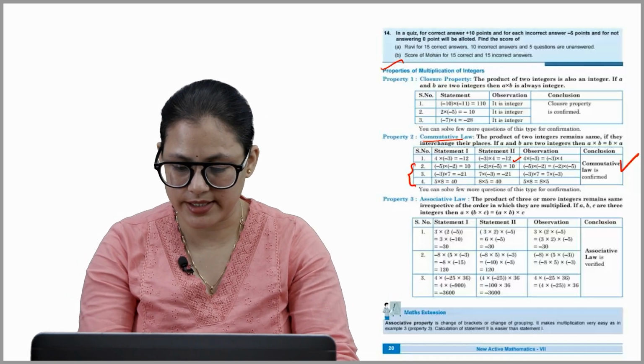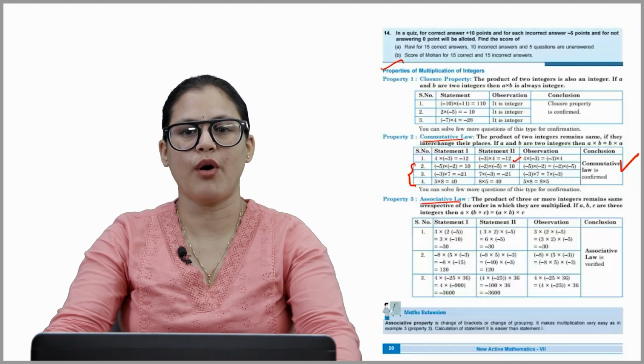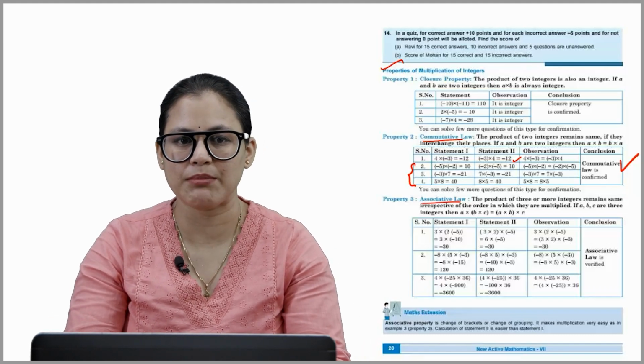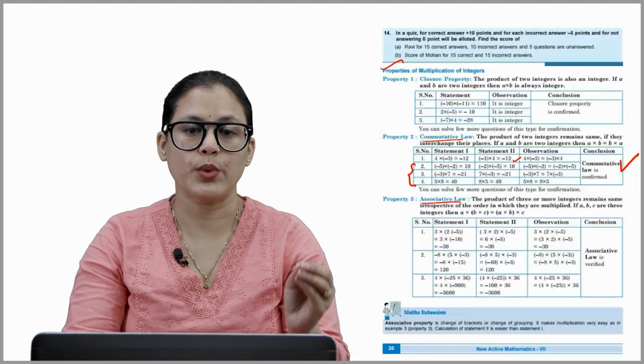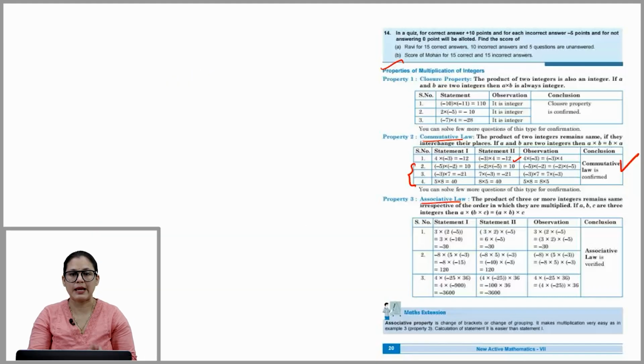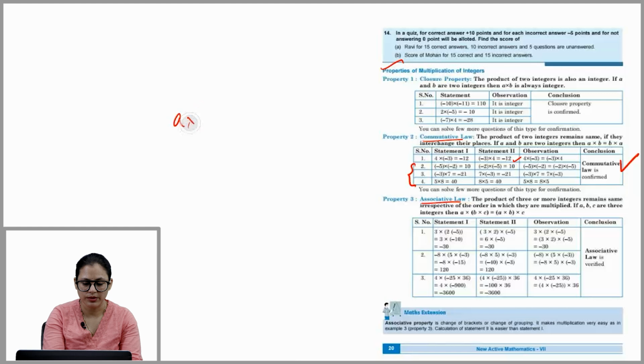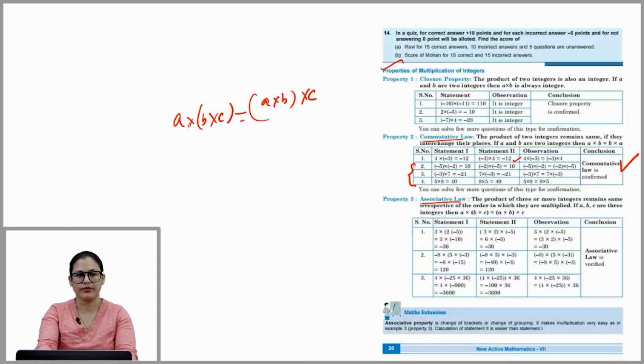Number 3 is associative law. Property number 3. The product of 3 or more integers remains the same irrespective of the order in which they are multiplied. If a, b, c are 3 integers, then a into b into c is equals to a into b into c, with different grouping. Okay.